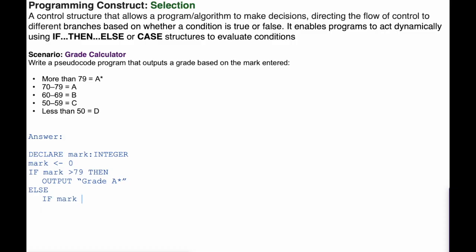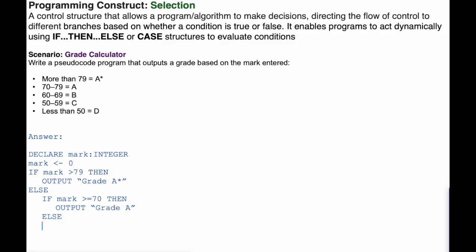which is if mark is greater than or equal to 70. Then we are going to indent again. Notice what's happening here. Then we're going to output grade A. Okay. Again, we do need our else.